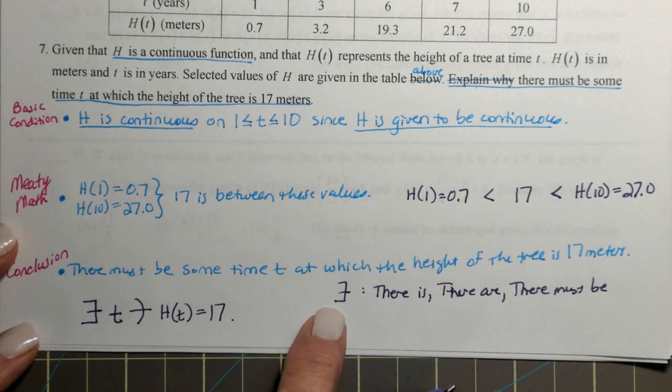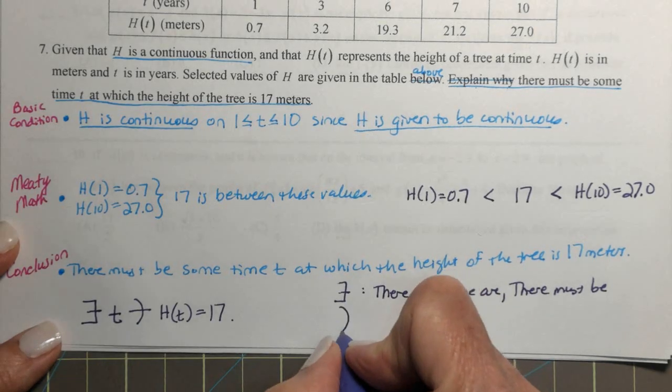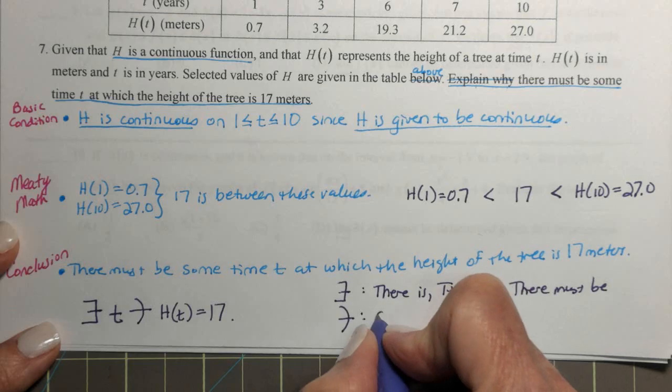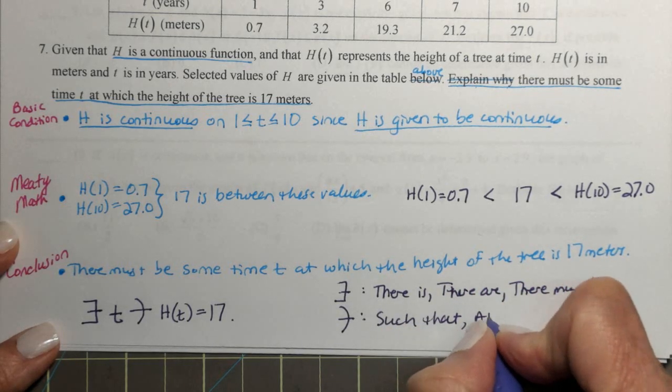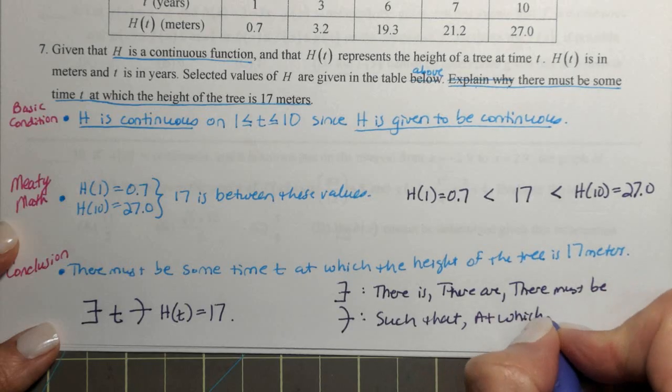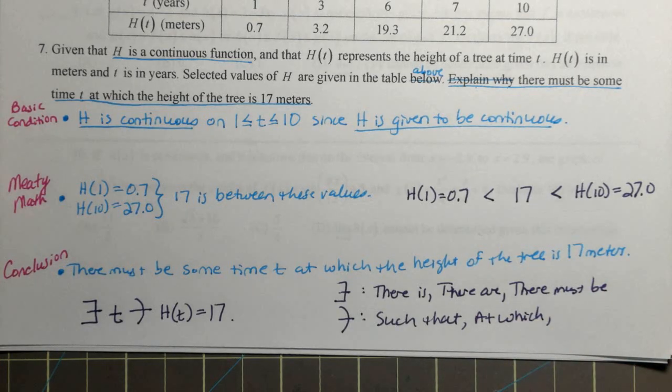That's the symbol for that. You know, we have t in the problem. This is the symbol for such that, or at which, things like that, okay?